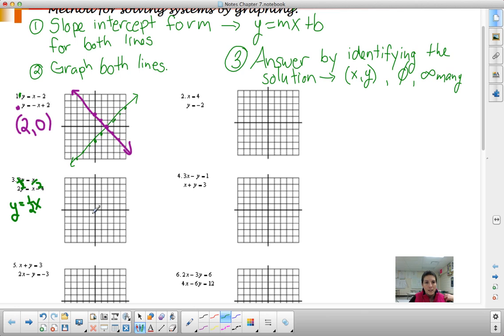That has a y-intercept of 0 because I'm adding nothing. And I will rise 1, move right 2 for my slope. Rise 1, right 2. Again, putting in as many points as I can so that this problem stays nice and easy. Connect my dots, preferably with a straight edge so you don't get wiggle worms. We've got our first line.